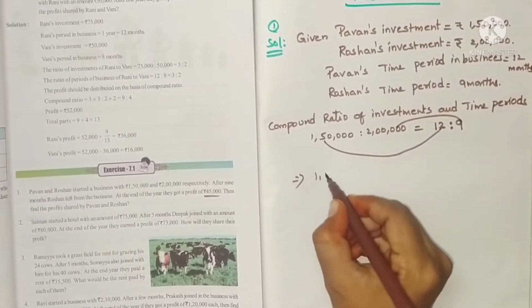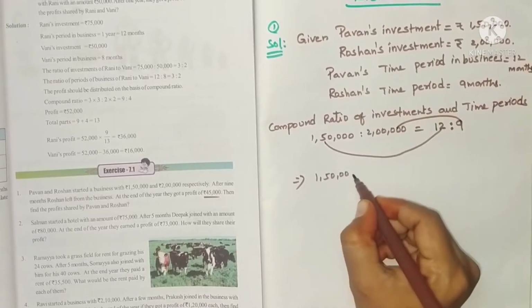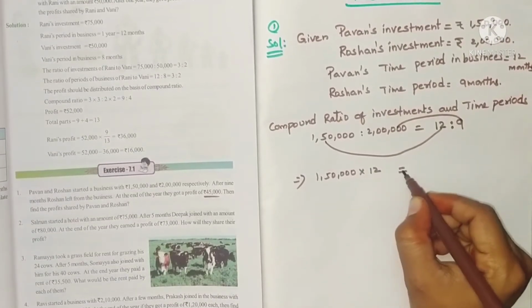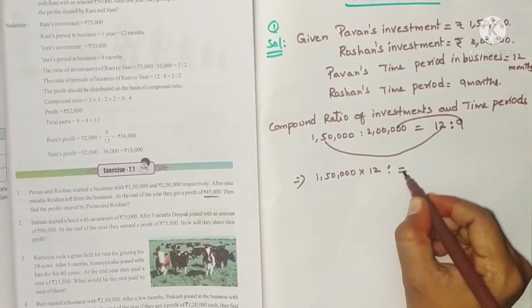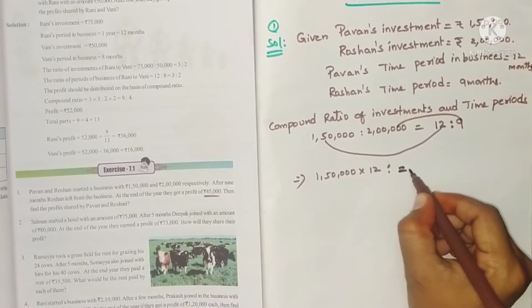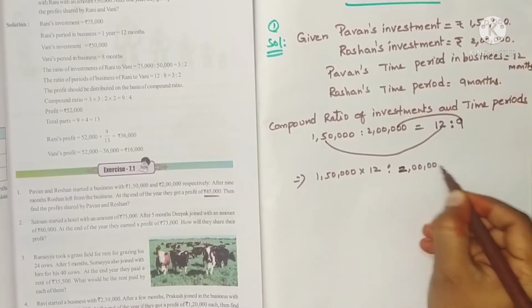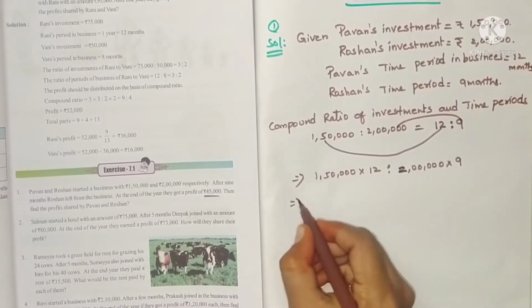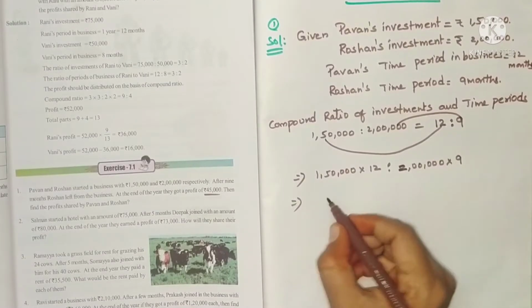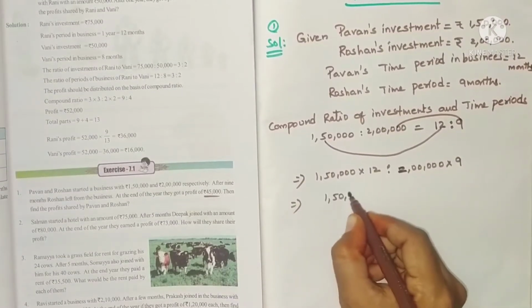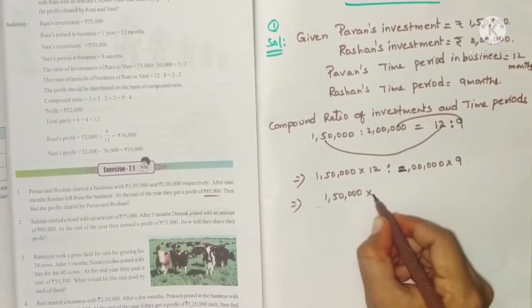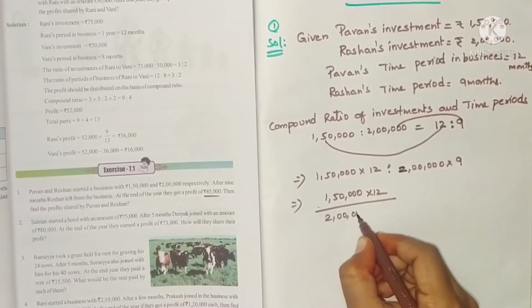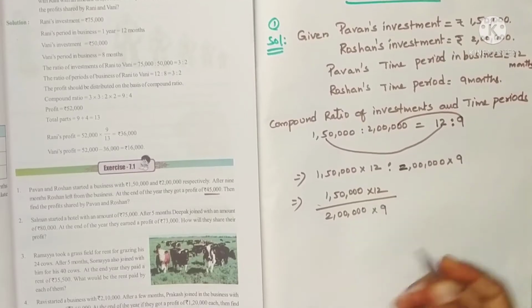So 1,50,000 into 12 is to 2 lakh into 9. Is to is nothing but the division, right? So 1,50,000 into 12 by 2 lakh into 9.